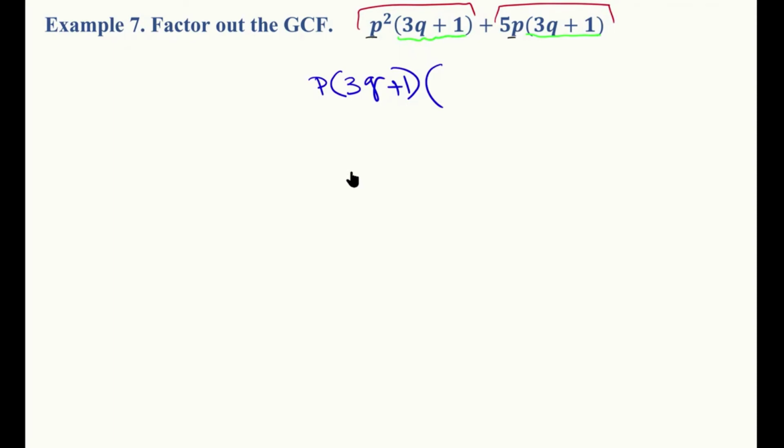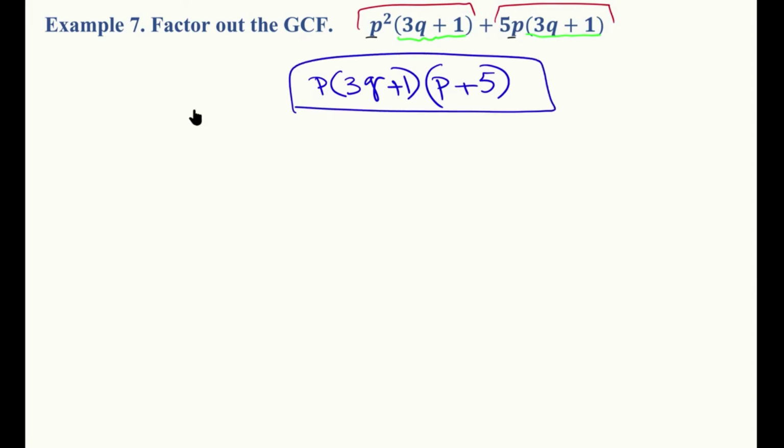It's only p. Plus, and what do you have to multiply this GCF by to get this term? Notice the only thing missing is what? 5. And now you have completely factored that. I factored out the GCF, the binomial GCF of these 2 terms.